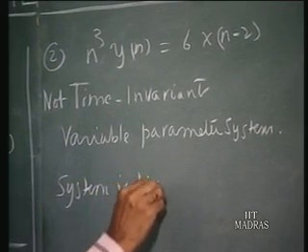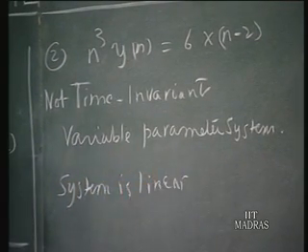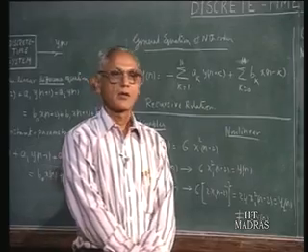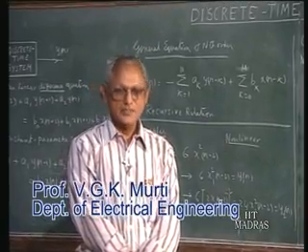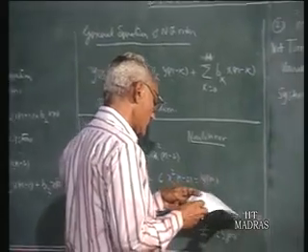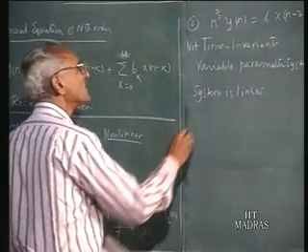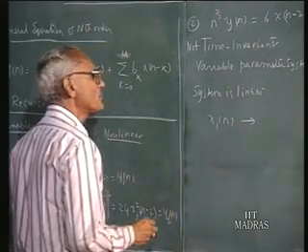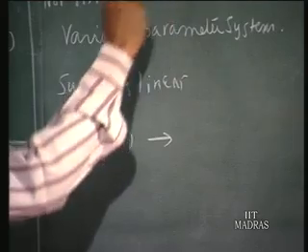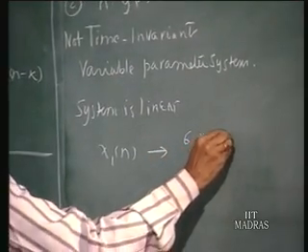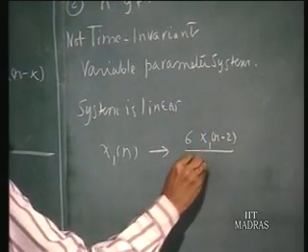You recall that in the case of continuous time systems, we said as long as the coefficients of the independent variable or the dependent variable are functions of t, it is still a linear system. Here also it is a linear system. Example, suppose x1[n] gives rise to an output which, from this, we know will be 6 times x1[n minus 2] divided by n cubed.